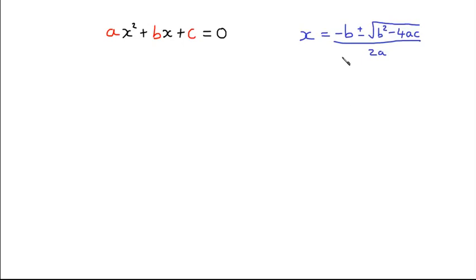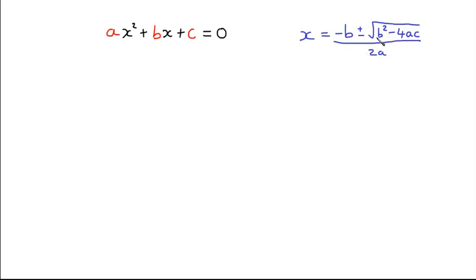Let's have a quick look at this formula. So we've got at the front minus b. Now b over here is whatever's in front of the x, the coefficient of x. So that's minus whatever that coefficient is, plus or minus. Now it's plus or minus because we have two possible solutions to some of our equations. So in some cases a quadratic will give two solutions.